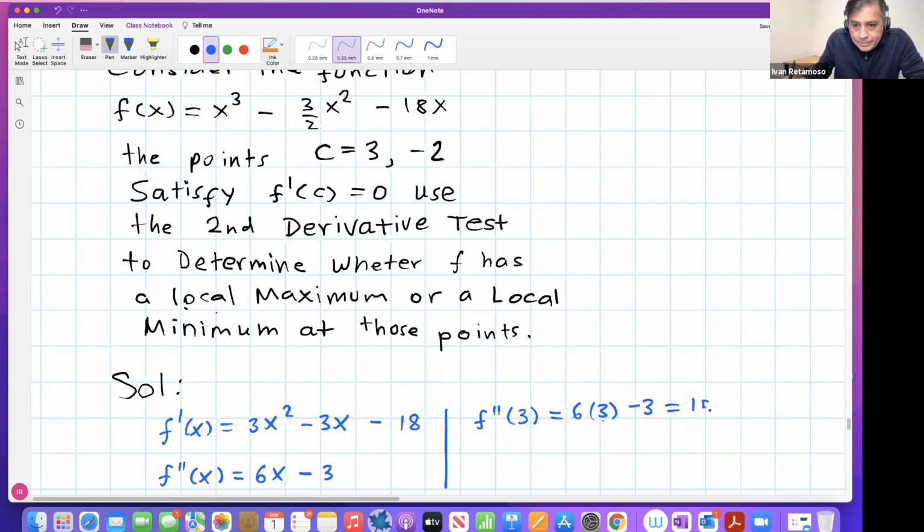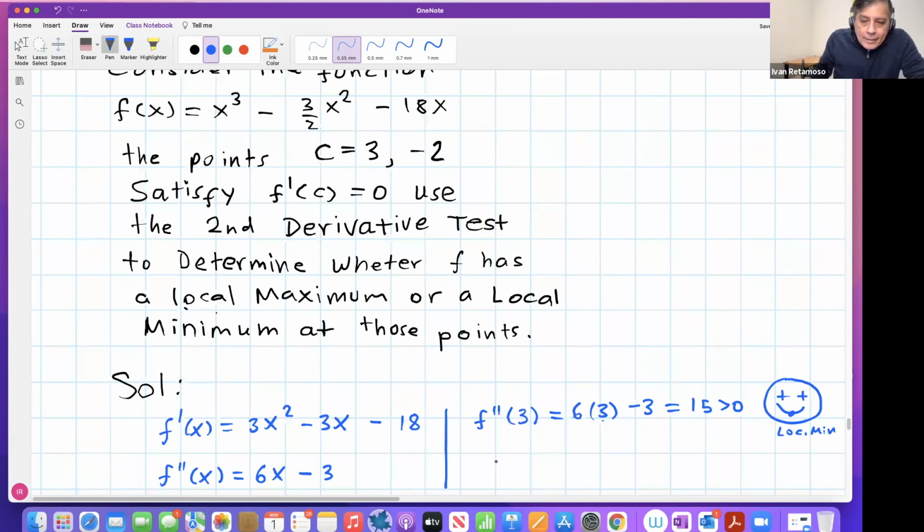This 15 is greater than 0. Second derivative positive. What does it mean? Then the graph at that x value should resemble a happy face, a mouth of a happy face to be precise. So clearly this should lead to a local minimum, because the second derivative is positive.